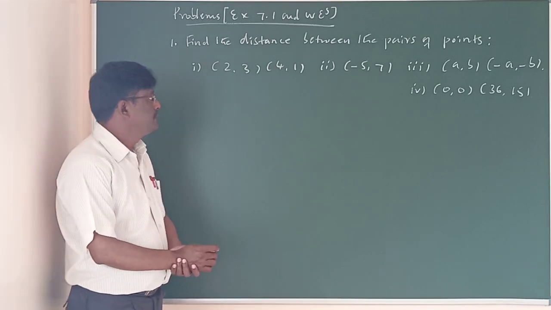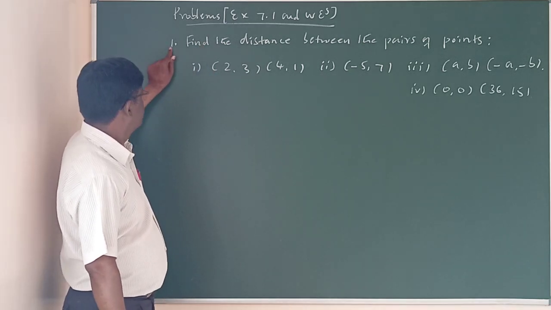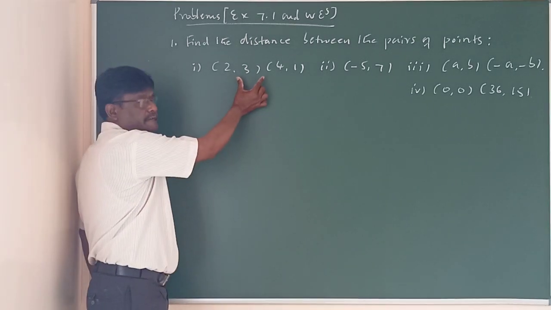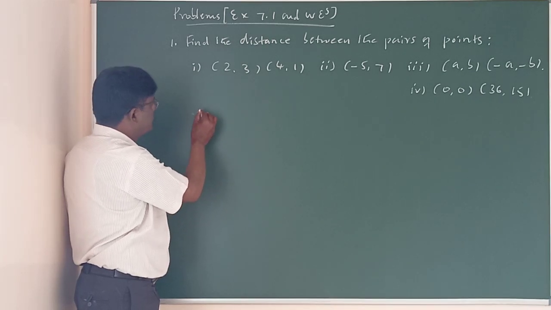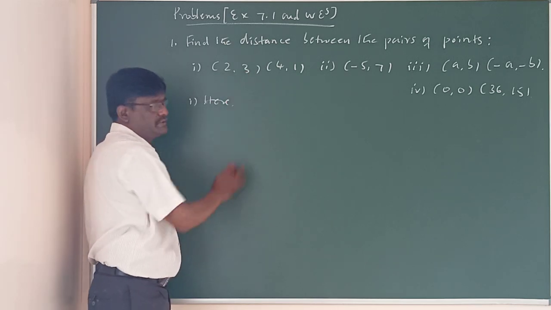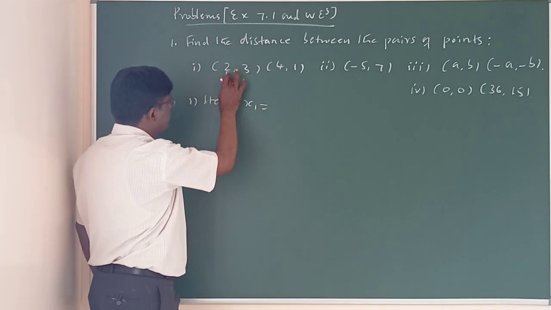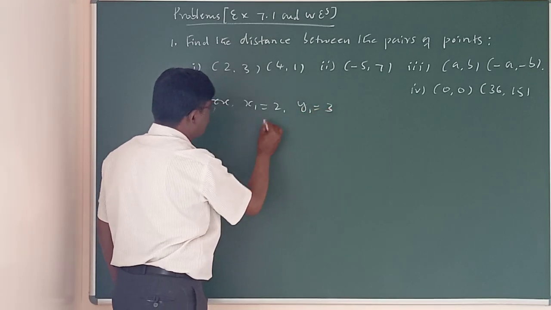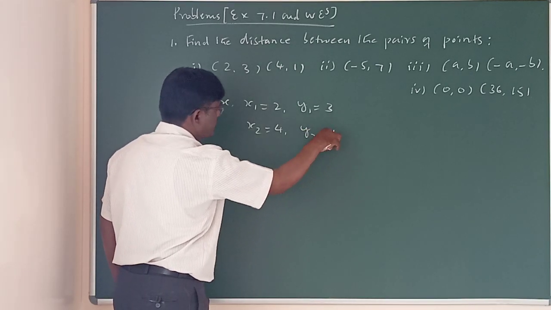Okay children, now we shall solve some problems based on the distance formula. Sum number 1. Find the distance between the pairs of points. Some pairs of points are given. First we shall take sum number 1. Compare this with the formula: x1 is 2, y1 is 3, x2 is 4, y2 is 1.